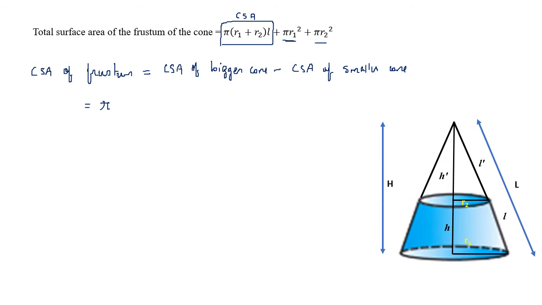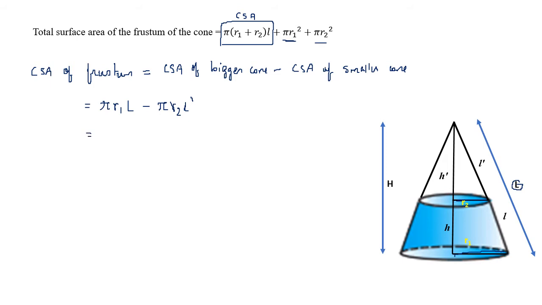The bigger cone has a radius R1. So I'll write here R1. And the slant height of the bigger cone is L. So I'll write here capital L. Minus the CSA of the smaller cone, so the surface area of the smaller cone is pi. Radius of the smaller cone is R2. So R2 and L prime.